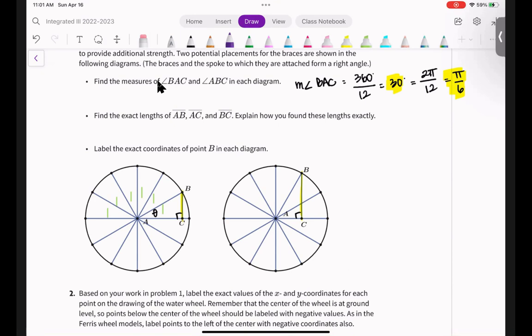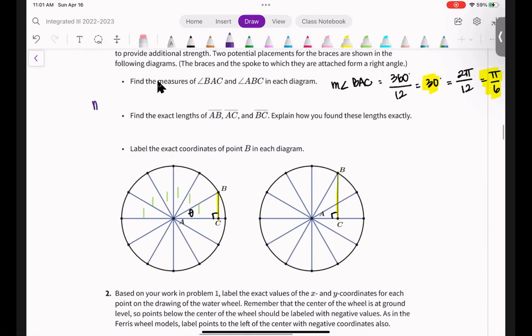All right, so I'm going to do this other one. So the measure, I'll do it over here, of angle BAC. So if we're going with this angle here, it's 1, 2, 3, 4, 5, 6. So it's still 6, but it's just 2 of them.